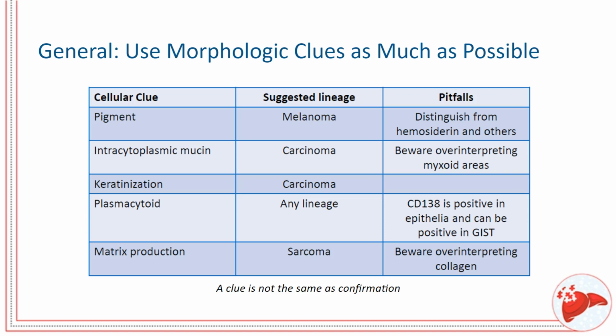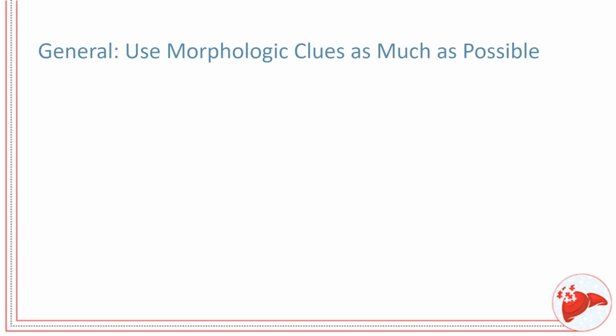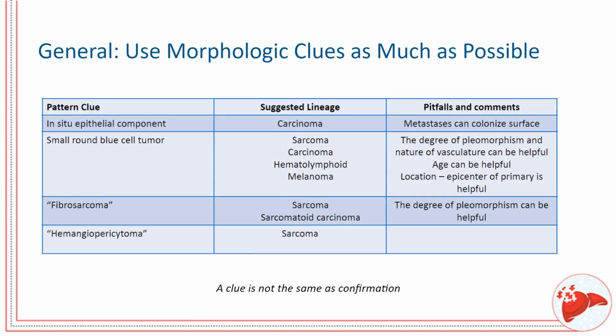Matrix production is a very compelling morphologic clue, and when you see that in the form of cartilage or bone, that provides strong evidence for sarcomatous differentiation, but you want to make sure that you're not overinterpreting collagen being present. Other morphologic clues that are really helpful, and things that I look for consistently: I'm looking for an in situ epithelial component.